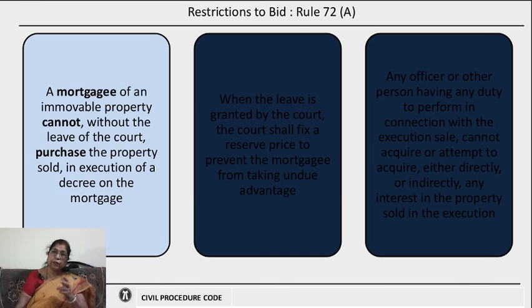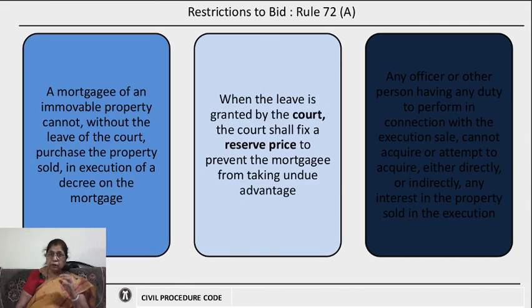Then Rule 72A says that a mortgagee of an immovable property cannot purchase the property which is sold without leave of the court. When the leave is granted by the court, then the court shall also fix a reserve price, so that the mortgagee may not take undue advantage and buy the property at a lesser price just because he is the mortgagee and is interested in that particular property.